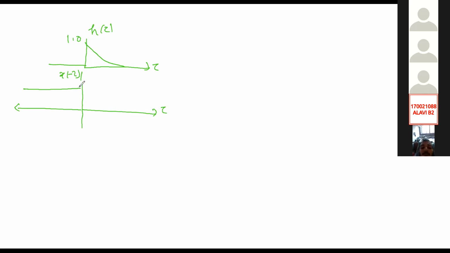Now the next thing is what you have to shift. For example, you have to obtain x(t - tau), because we are evaluating this convolution, s(t) convolved with x(t), which is equal to the integral over tau of h(tau) x(t - tau) d tau, and that is also equal to the integral of h(t - tau) x(tau) d tau.